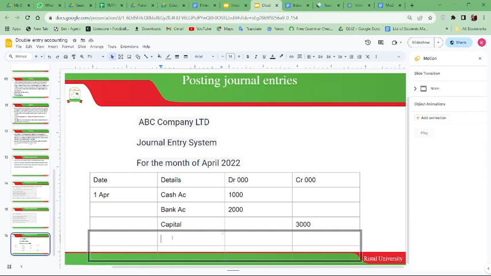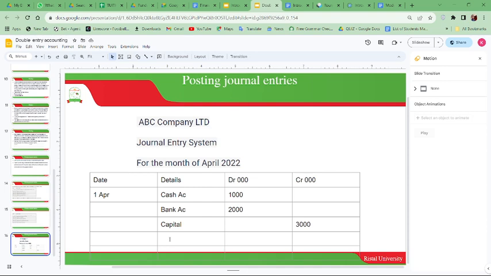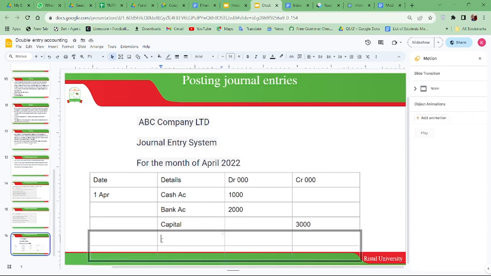Started business with cash and bank. So that one you're done with.